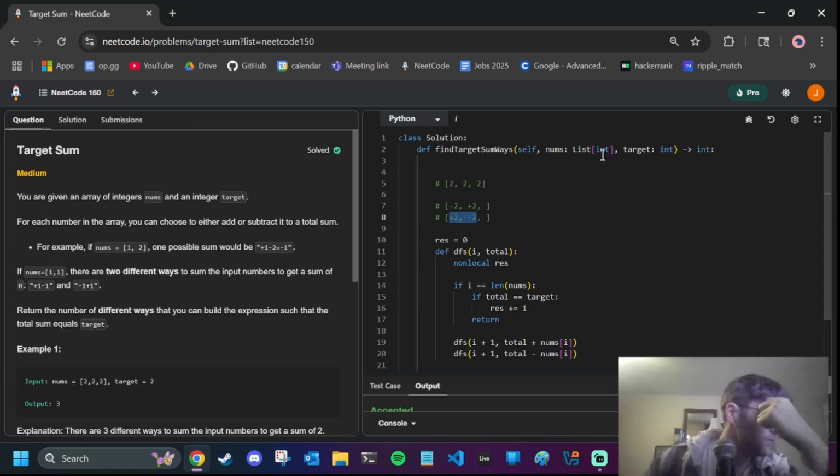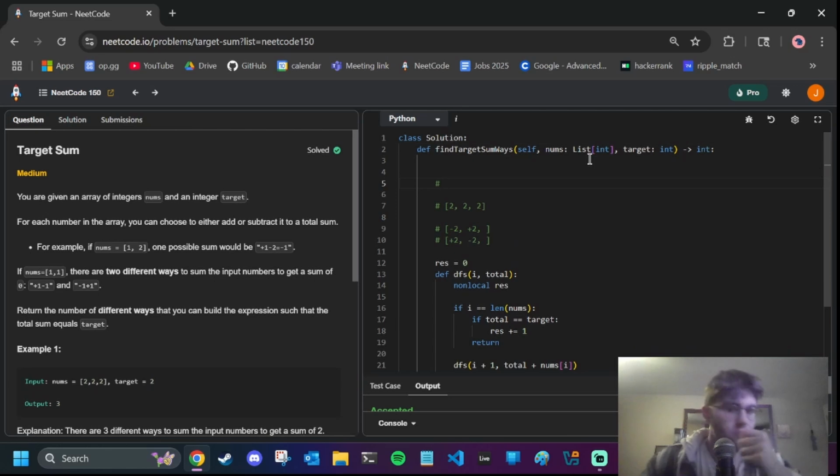When it comes to bottom up and top down, an interesting way to think about it maybe would be, so our target starts at 2. So then from here, now we have like 2 targets maybe.